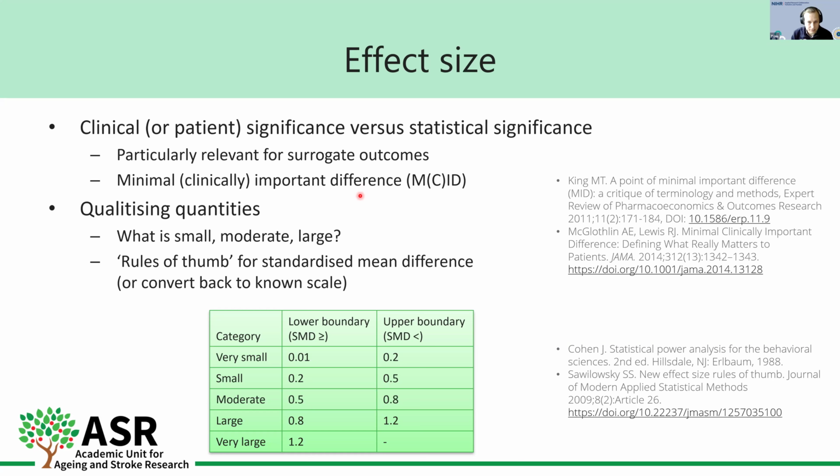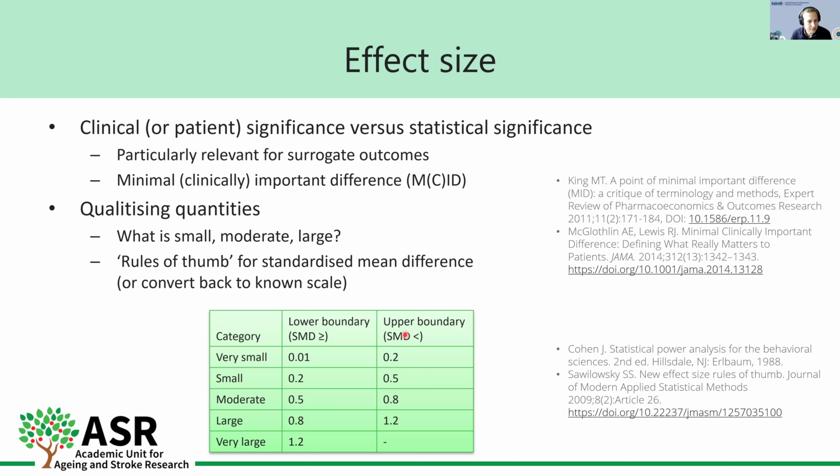There are various ways of trying to work this out, which I think all have their different problems, but the language that's used is often around minimal clinically important difference. So that's about selecting what's important versus trivial, but then we also are interested in what's small, moderate, or large.